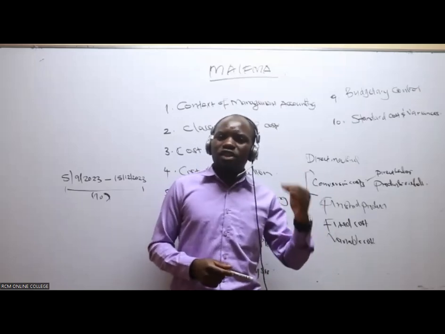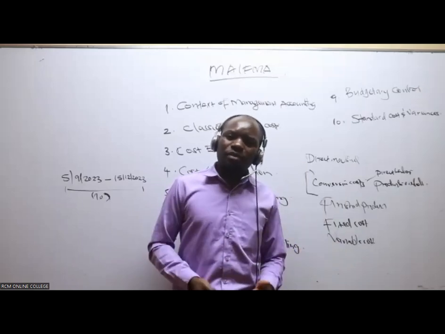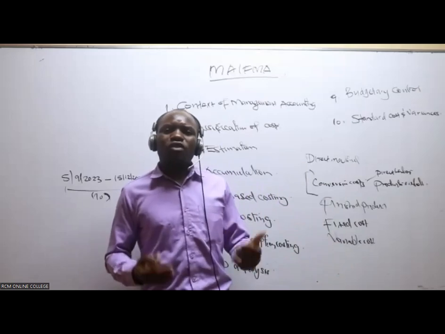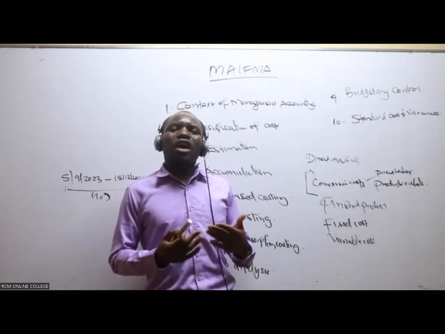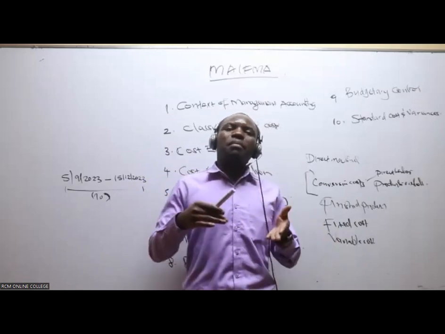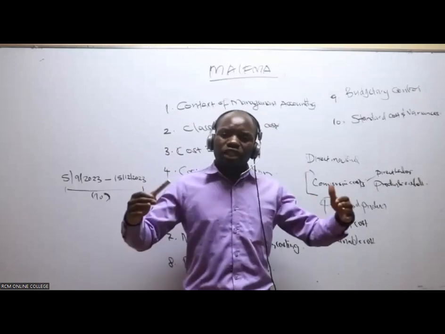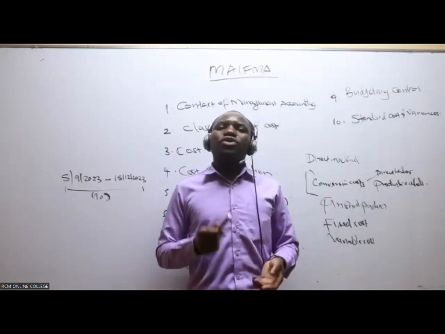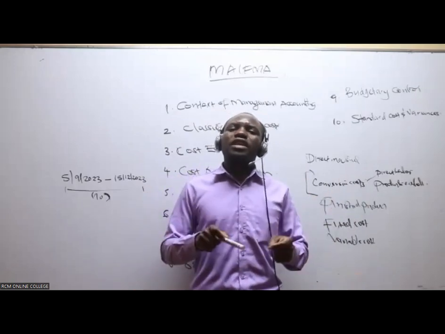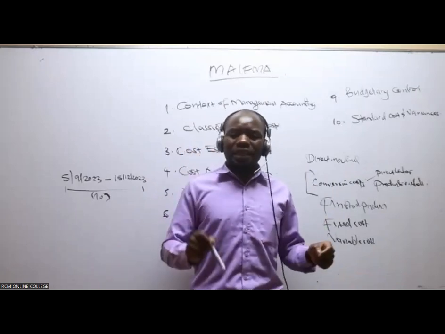Once I have the material usage budget, I need to understand in the production department, how many units of raw material do they need to have in the store at any given time? We add it to the material usage. Then, if you get the total that they normally need, you less whatever is already in the store as at today or as at the budgeting date.